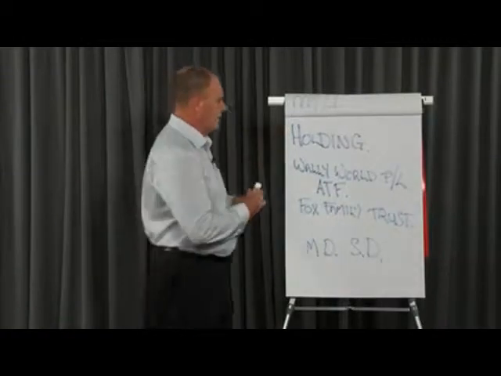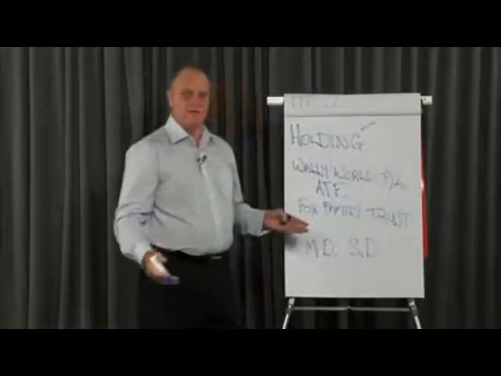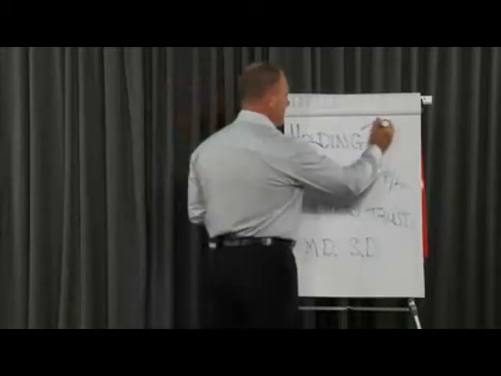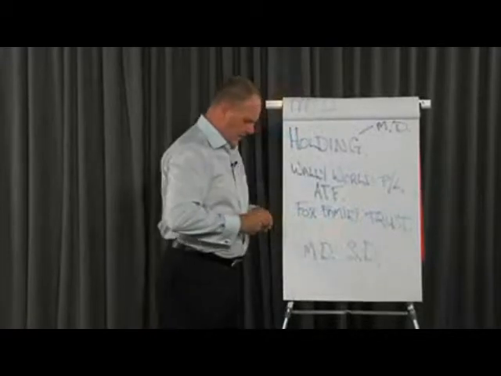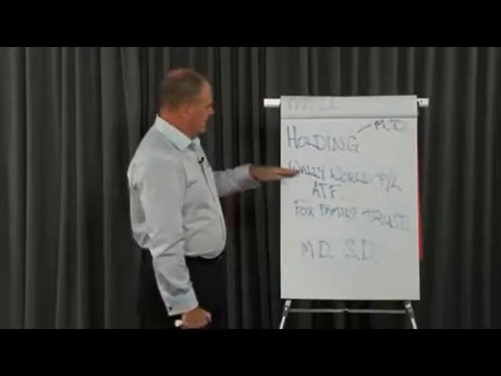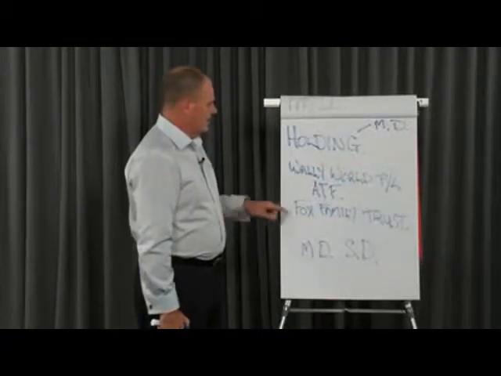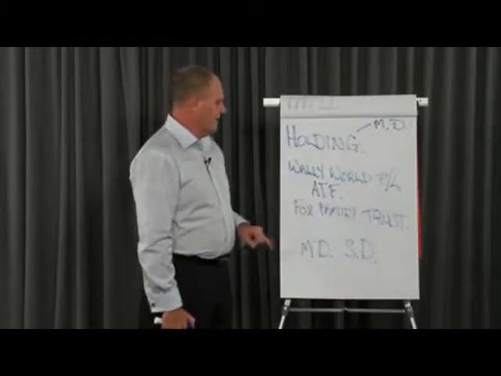Now, the holding company will have directors. Now, there can be one director or there can be multiple. But let's say the directors are mum and dad. So the holding company, of which mum and dad are directors, Wally World, acts as trustee for the Fox Family Trust.